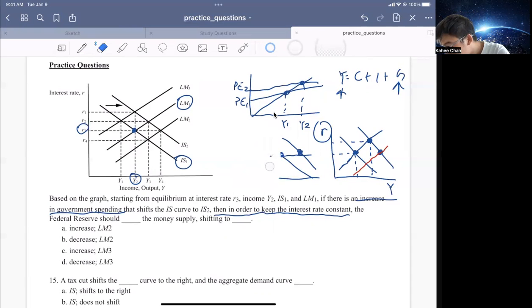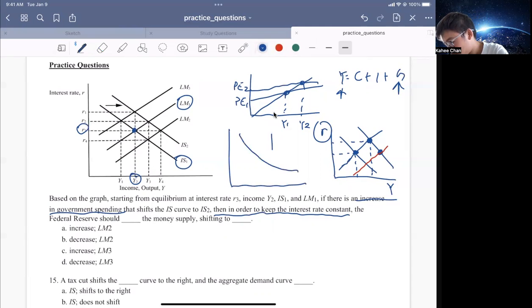So we call it the theory of liquidity preference. When there's a decrease in interest rate, we must shift the money supply to the right, so we can lower the interest rate, right? So money supply must be increased.